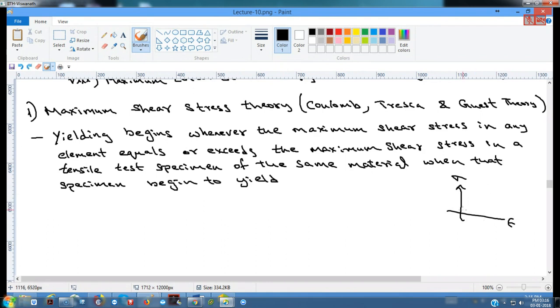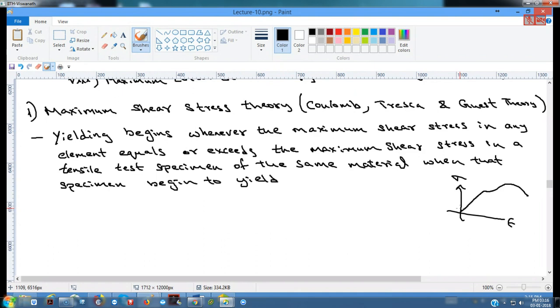You might have plotted a stress strain curve.